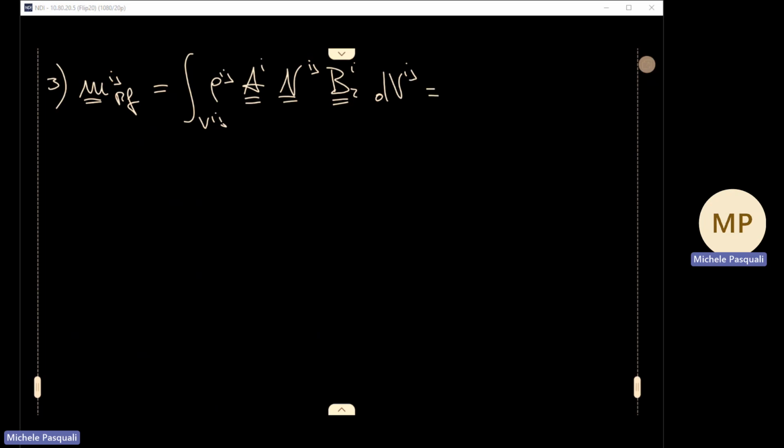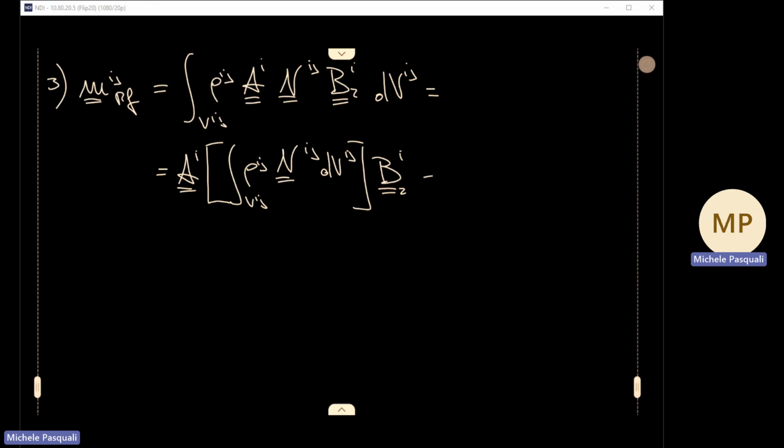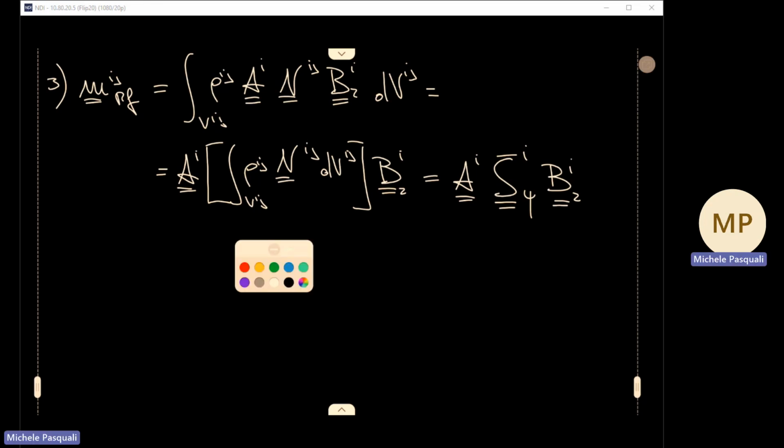Again, we bring out of the integral sign the quantities which are not directly space dependent. And again, you can see that we have the same shape function as before. It's the same again.